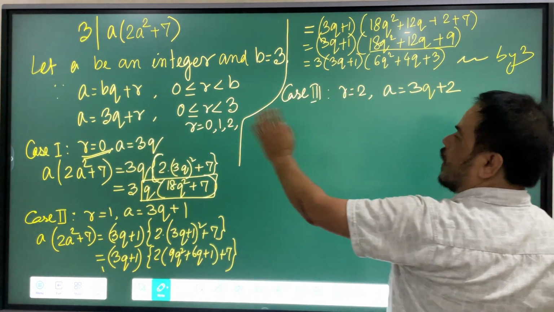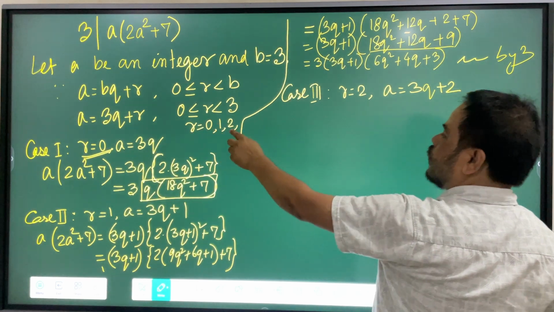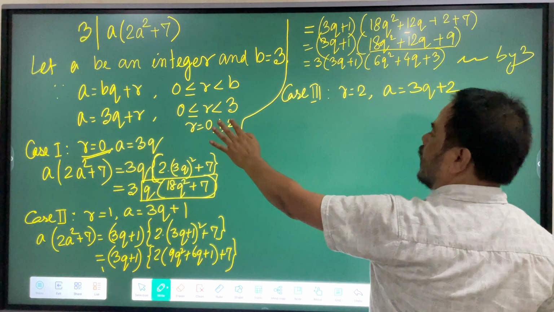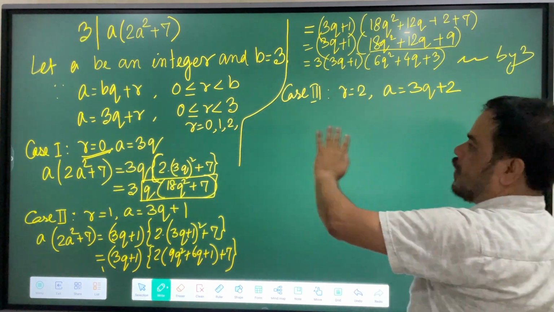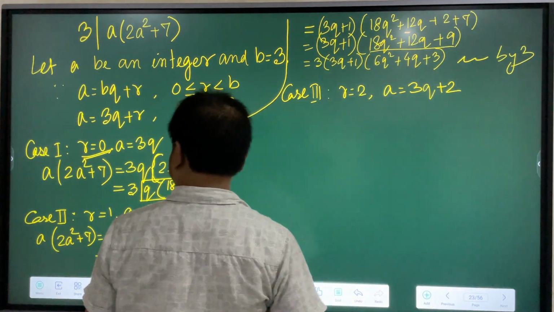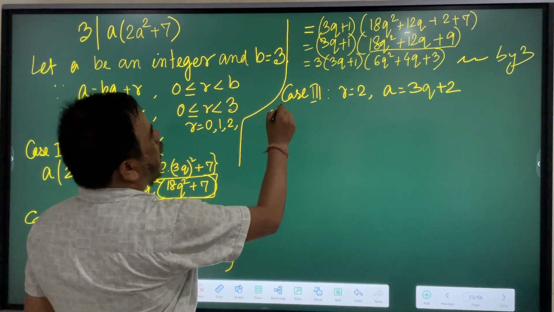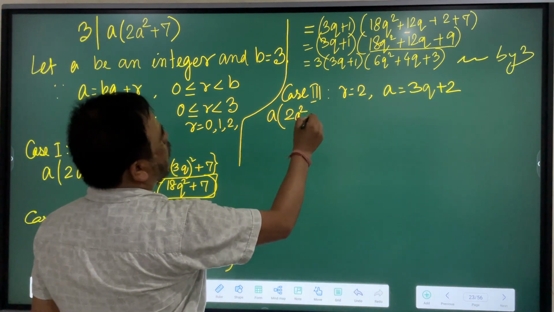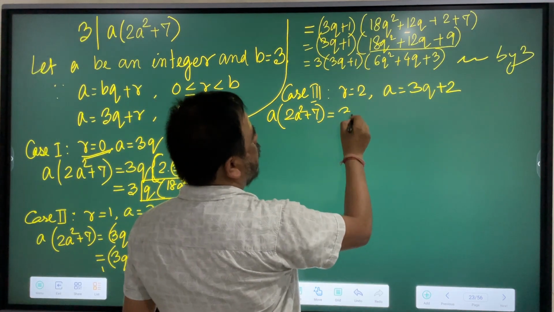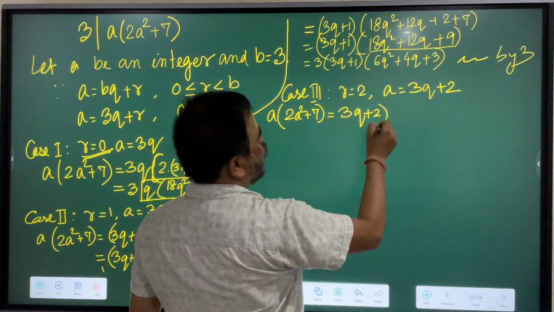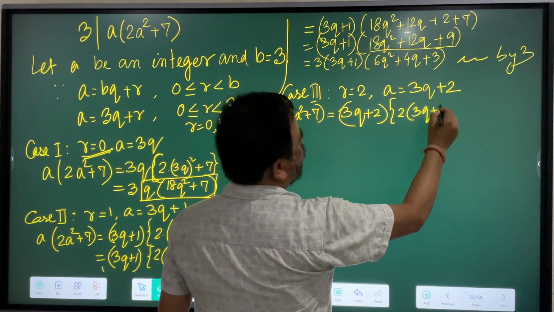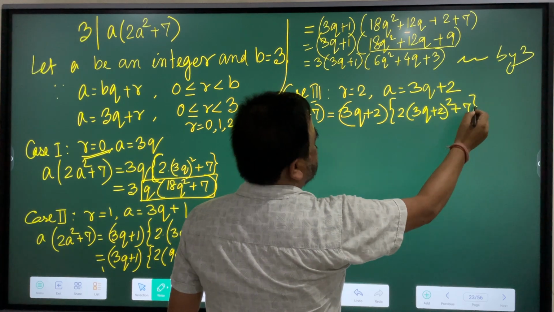Now case 3. r equals 0 we have done, r equals 1 just now we have done. Now we will do r equals 2. So a equals 3q plus 2 in place of r, 2. Now a into 2a square plus 7: a means 3q plus 2, so 3q plus 2 into 2 into 3q plus 2 whole square plus 7.